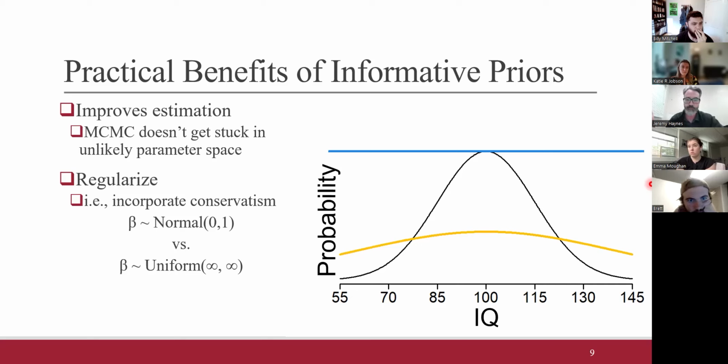If it's greater than 0, then there's some positive effect. Negative beta coefficient, there's some negative effect. And if we set a uniform prior, we essentially say, okay, any beta coefficient is possible from our data that we're going to estimate. But let's say we want to be a little more careful with our inferences.